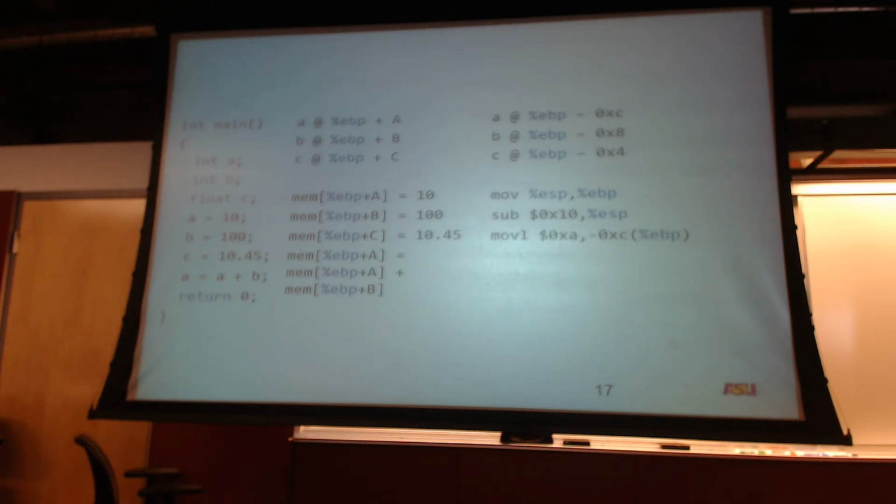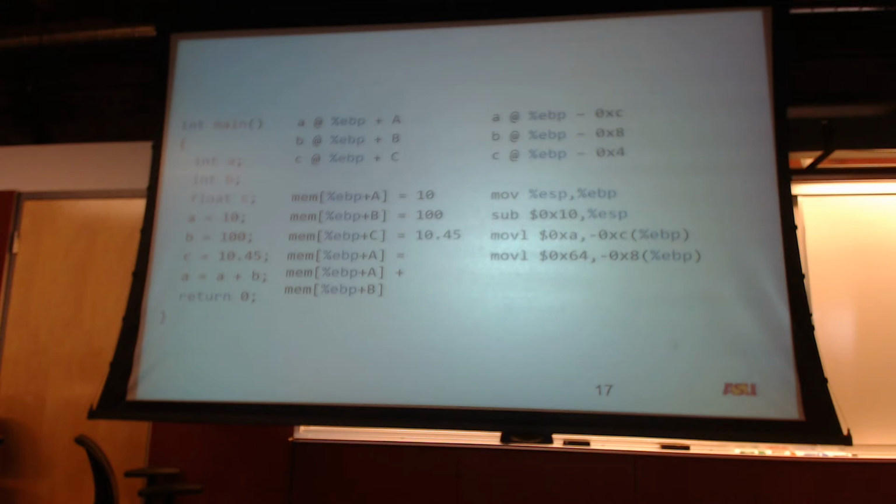Then you move A into EBP minus C. So what is EBP? This one. C minus C is how much? 1, 2, 3. So this was reserved for A. You put 0xA here. So that is what we wanted to do. Then what is the next thing that you do, not you as in the compiler?